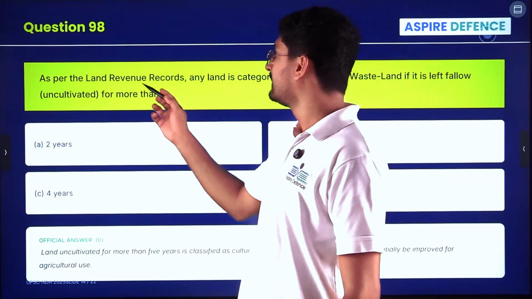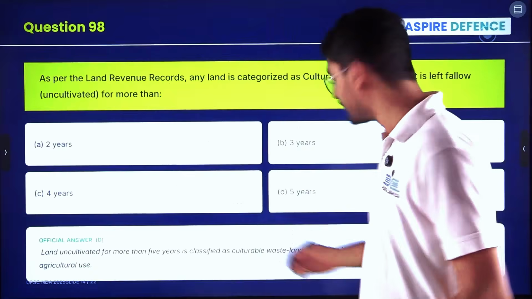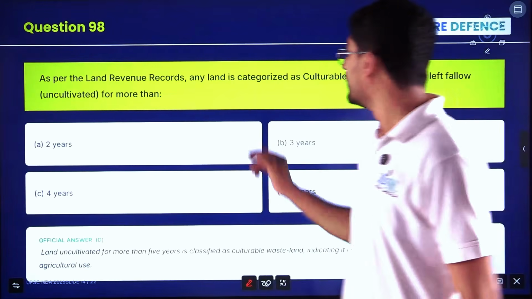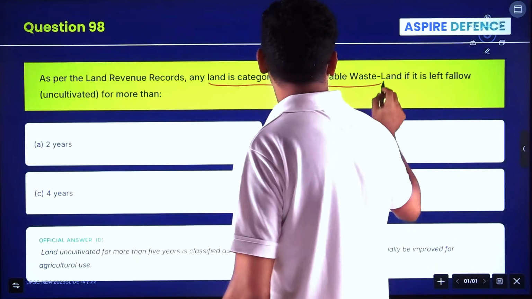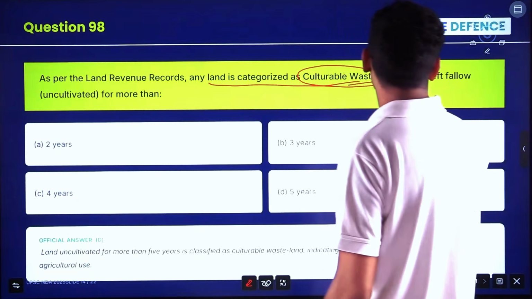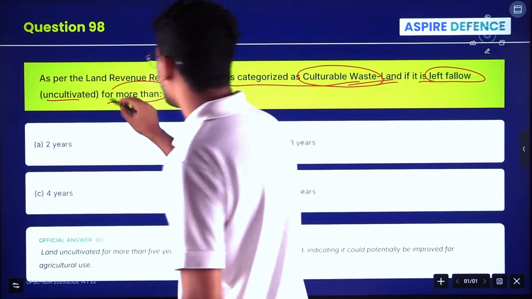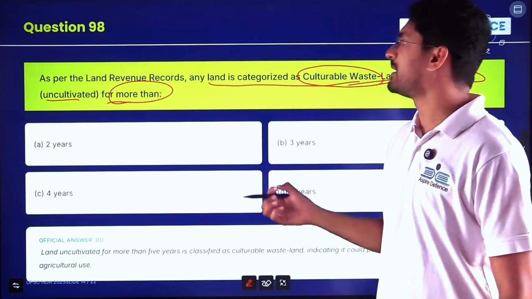As per land revenue records, again important schemes, records and reports, questions are coming. Any land is categorized as culturable wasteland if it is left fallow, that is uncultivated, for more than how long? It's a direct fact-based question.